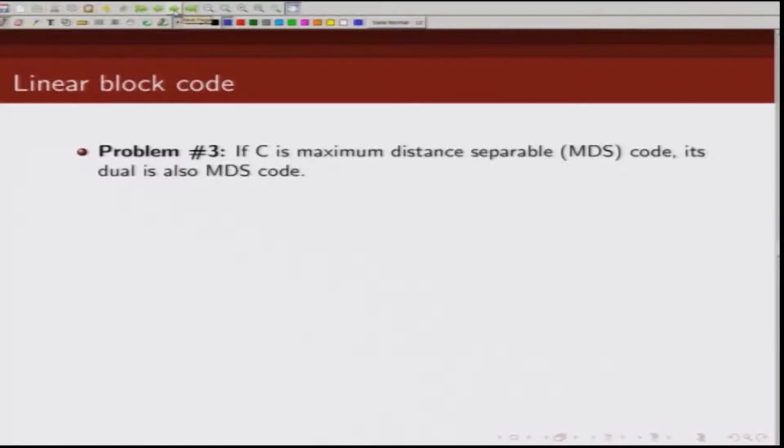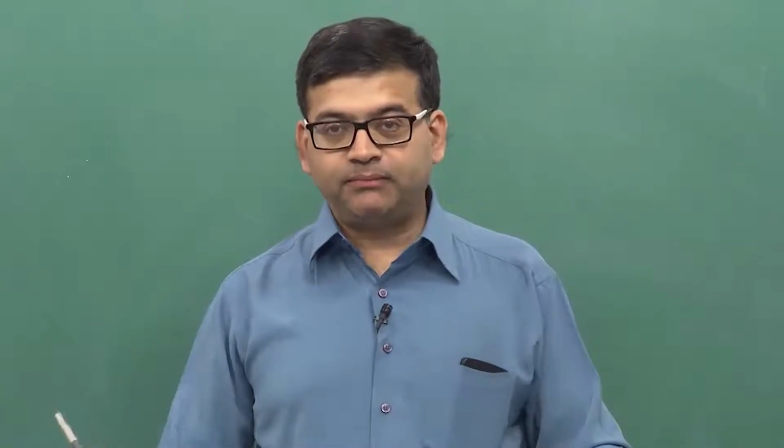Next, we are given a linear block code C, let us say an (n, k) linear block code, and it is said that this code is maximum distance separable. Then show that its dual code is also maximum distance separable.